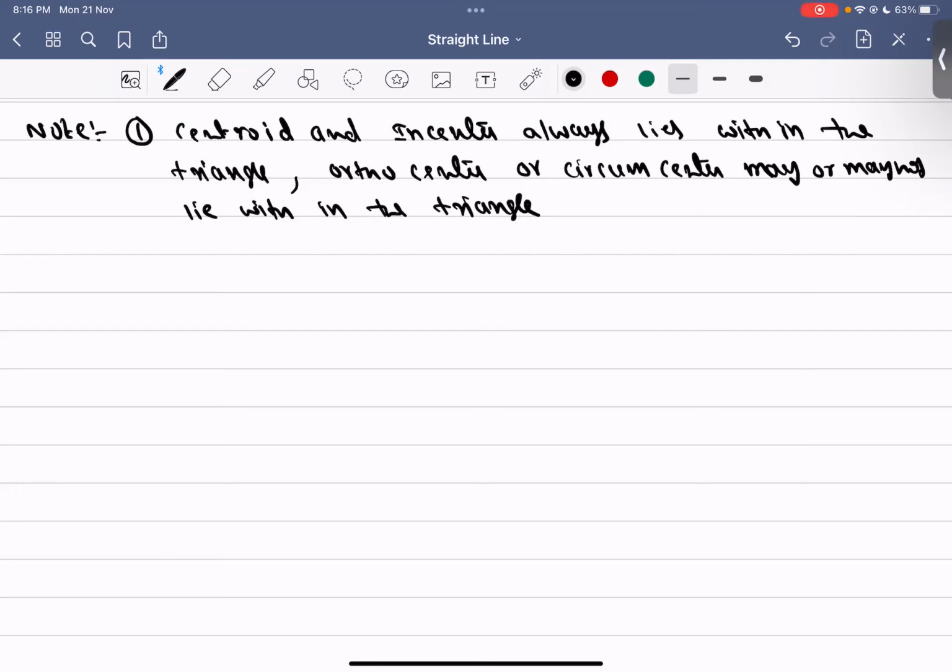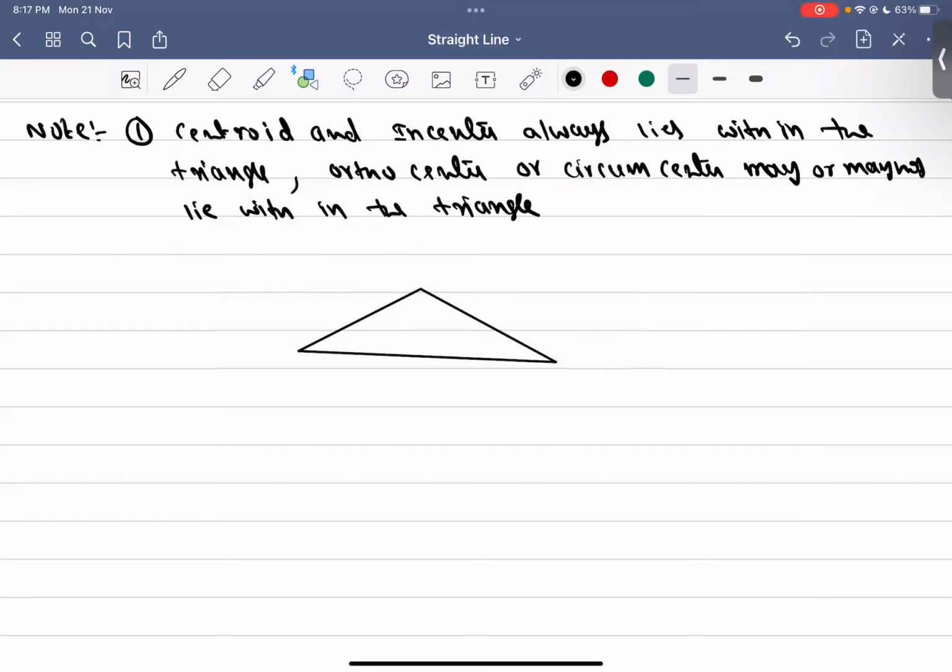For example, you take the triangle like this, a rough diagram actually. It's an obtuse angle triangle.